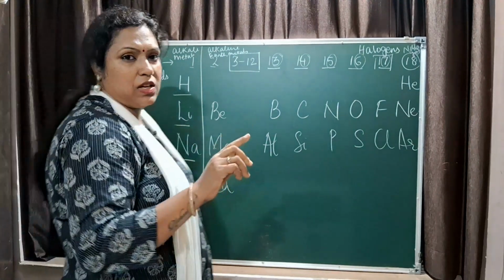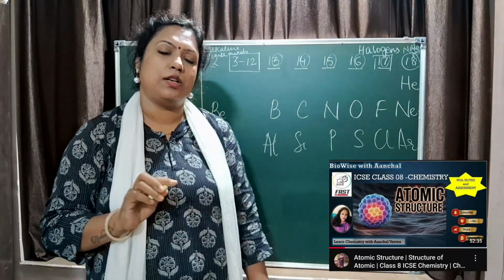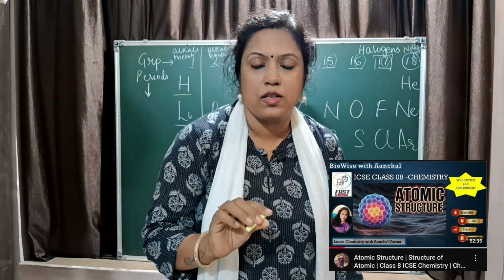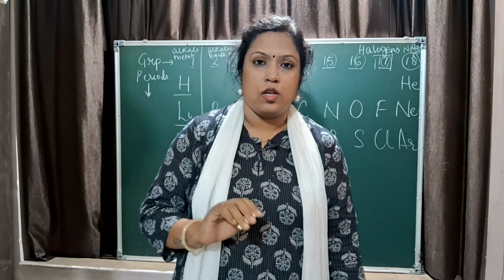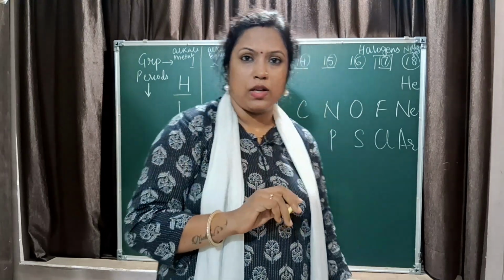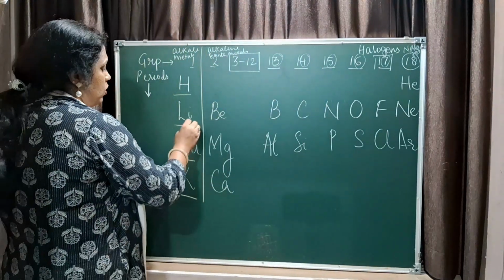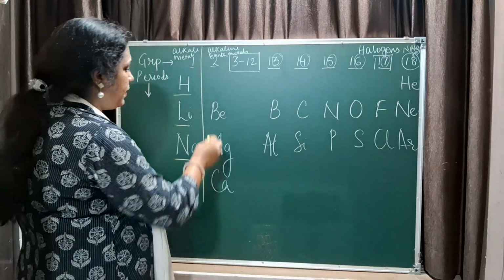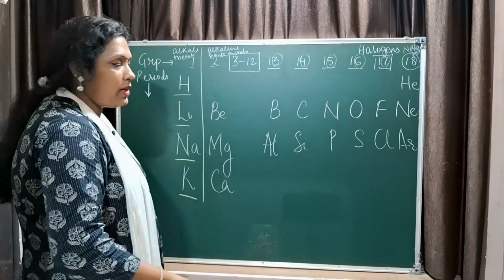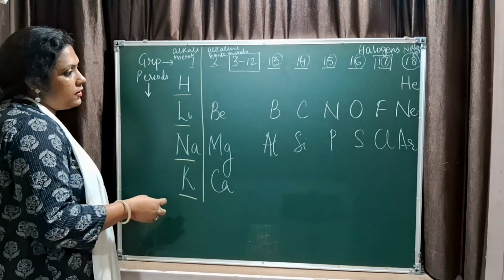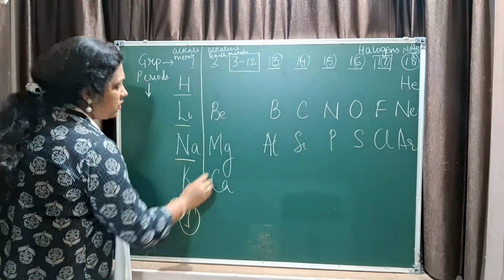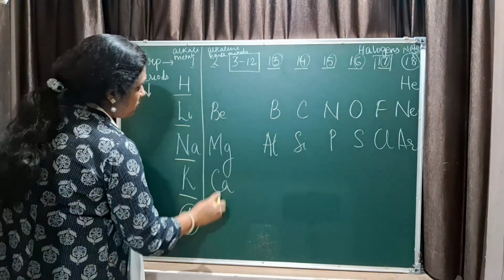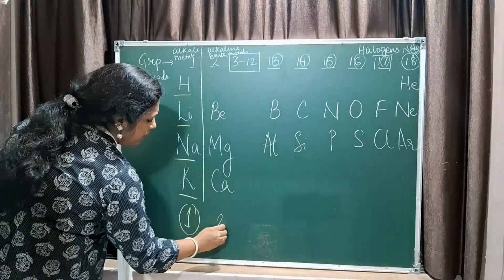In my atomic structure video, in the description I have given you mnemonics to remember the elements present in the groups. So you can go there and find out and learn the same. So they have the valency 1. Similarly, beryllium, magnesium, calcium, group 2 elements, have the valency 2.